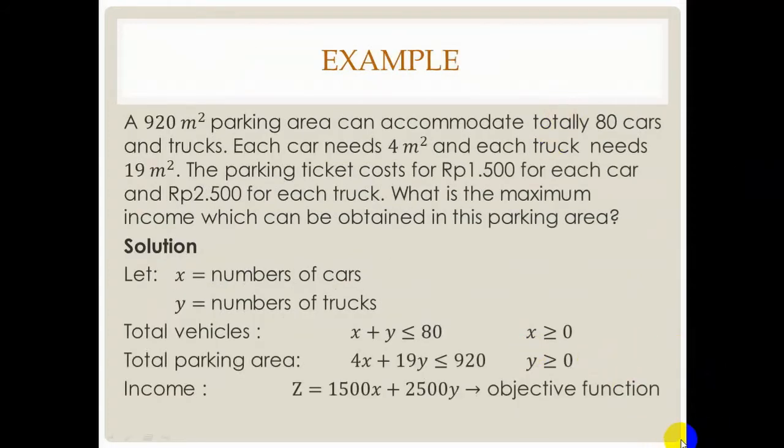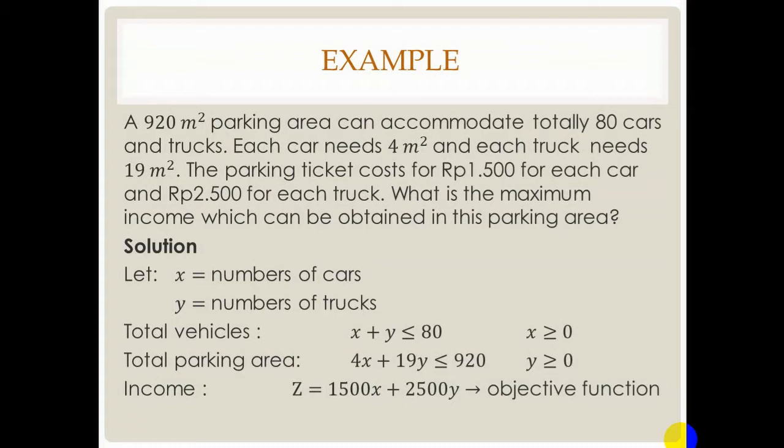Okay, now an example. A 920 square meter parking area can accommodate a total of 80 cars and trucks. Stop until here. You have cars and trucks, so you have to think which one is X and which one is Y. Each car needs 4 square meters and each truck needs 19 square meters.